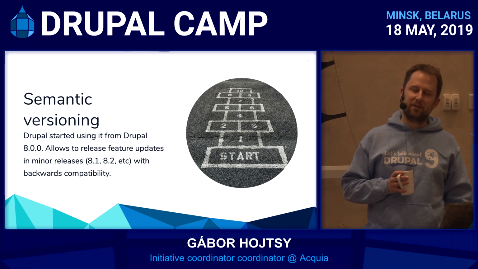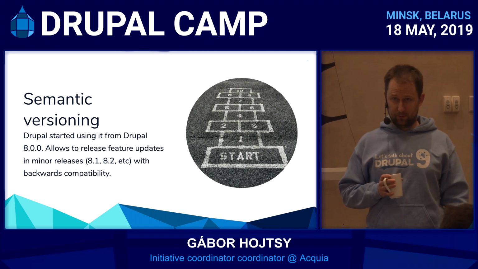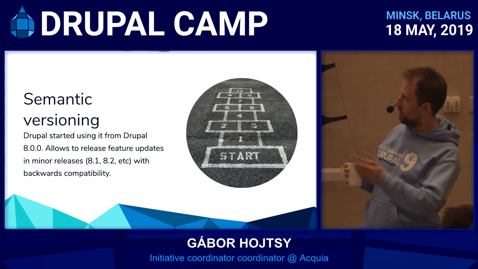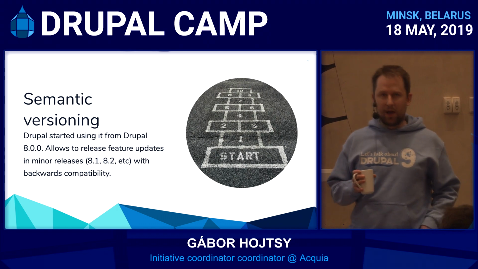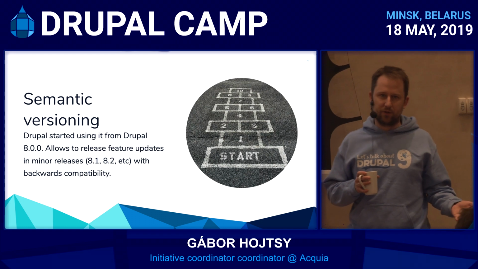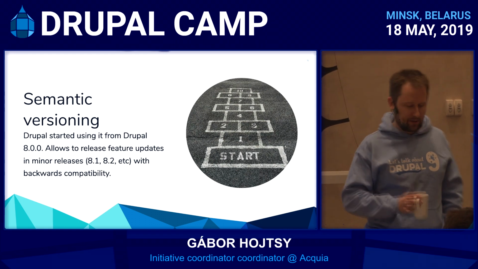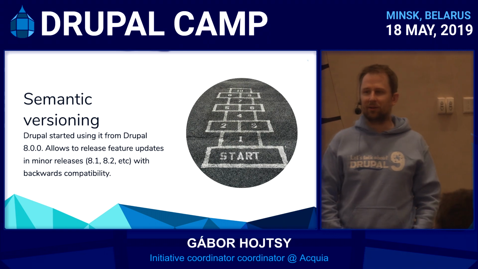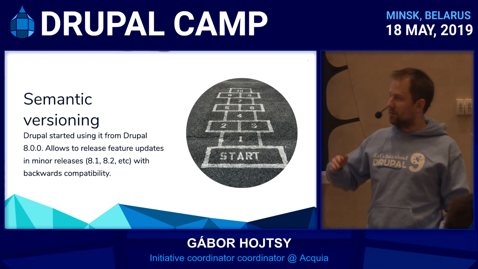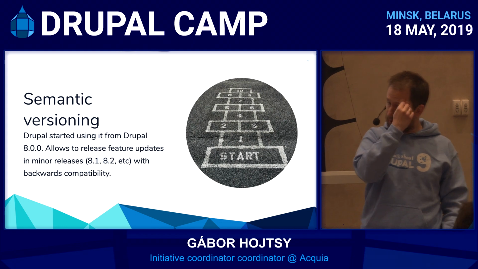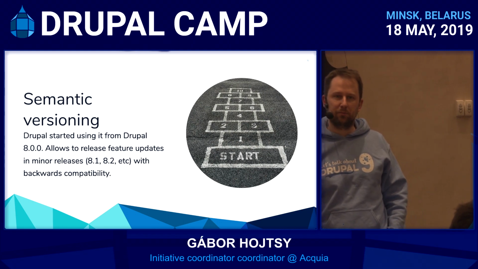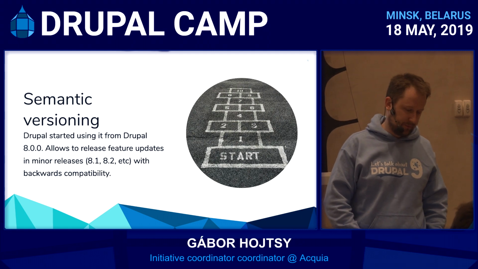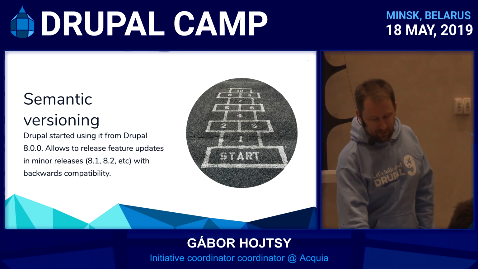And what this means is, even without releasing Drupal 9, we can release new features in minor versions, 8.1, 8.2, etc. And we can deliver new features in those versions without breaking backwards compatibility. We made a few mistakes where we broke backwards compatibility, but that was not the intention. So the intention is we release new features without breaking backwards compatibility. And we are improving at doing this with every release, basically. So that allows us to keep innovating.